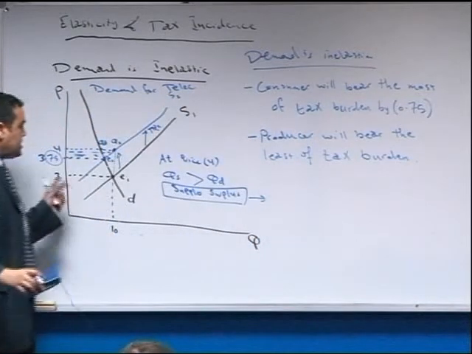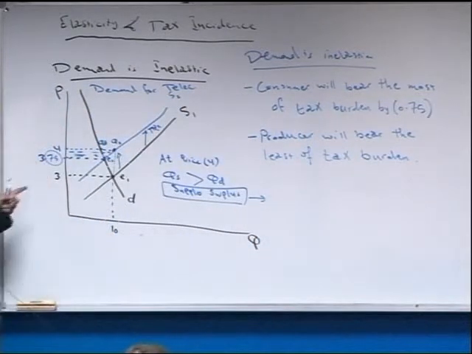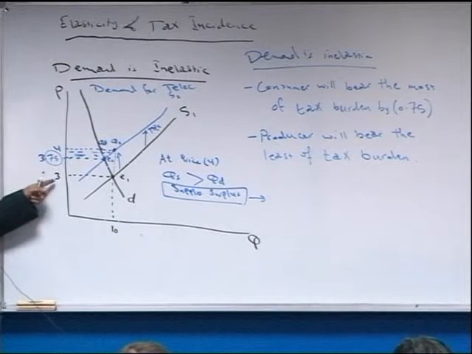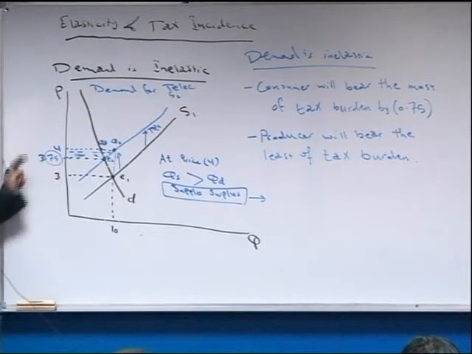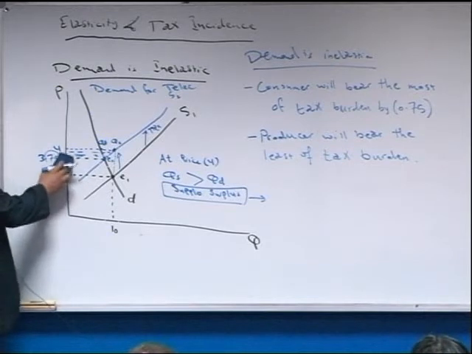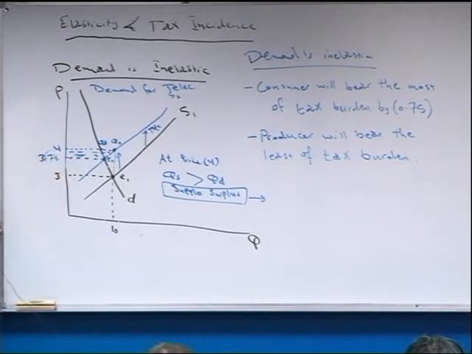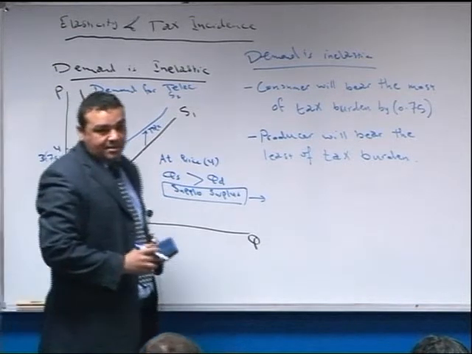So let's come back to the diagram. As you see, when the original price is 3, and the producer decided to sell the product at 3.75, the consumer bears 0.75 of this dollar, right?